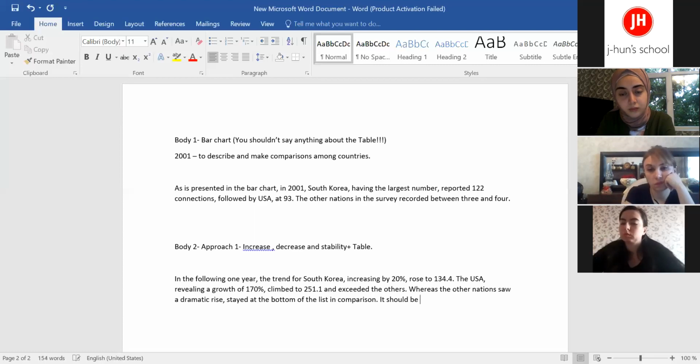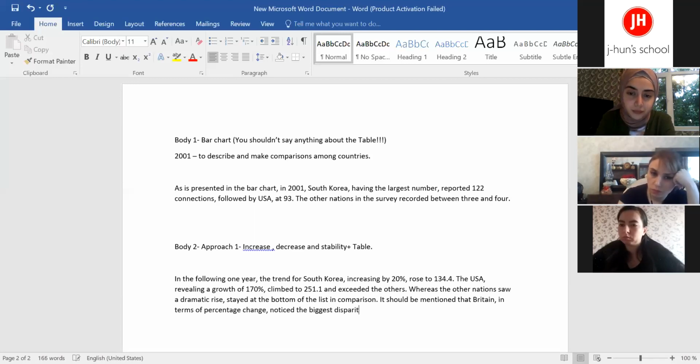it should be mentioned that Britain, in terms of percentage change, noticed the biggest disparity of 230%.